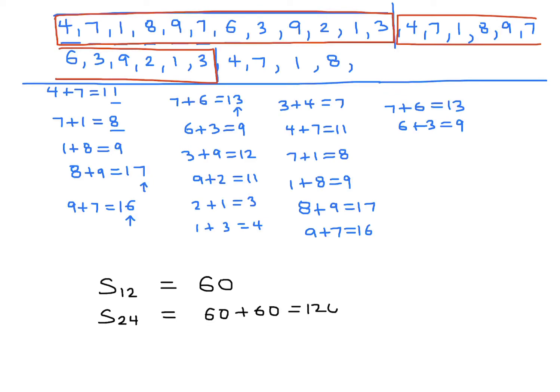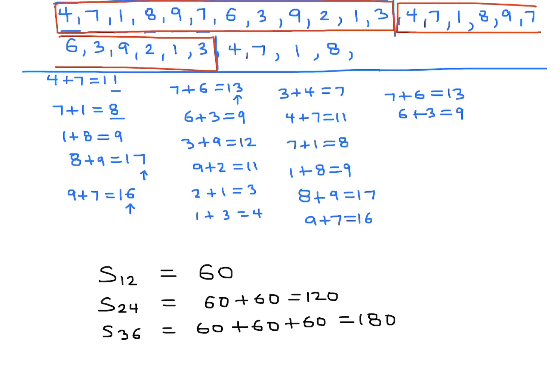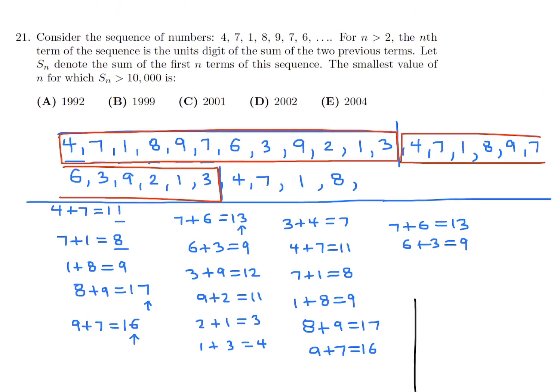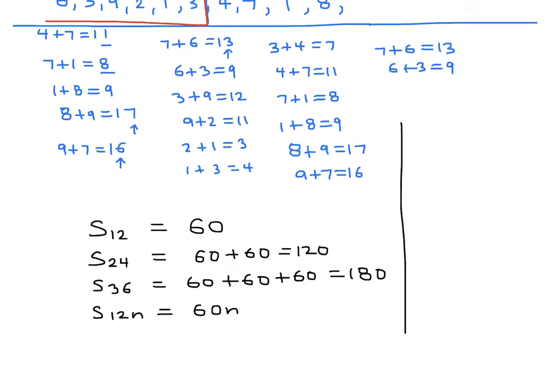So that's 120. If you go to S36, it'll be 60 plus 60 plus 60, and so on. You get the pattern. So that basically means that every S12n is going to be 60 times n, whatever n is. And we have to figure out, according to our question, what is n when the sum is greater than 10,000?